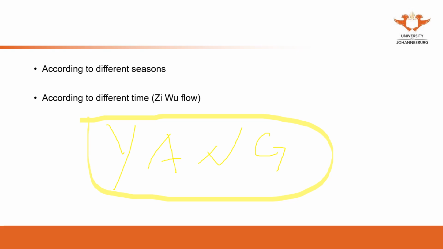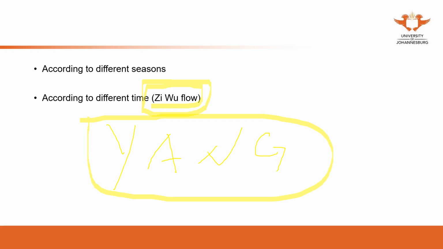The last one is the different time flow. We're not going to introduce it here. This is also quite complicated. This treatment is only focused on the time, no matter which patient or which disease. When you come to me today at 10 o'clock, I'm going to choose those points.